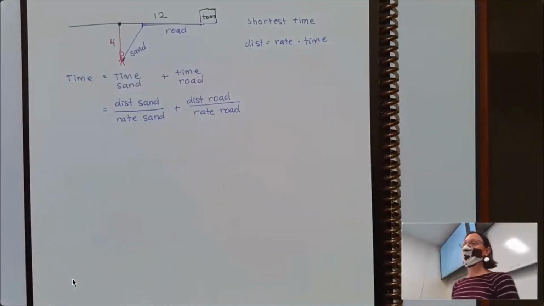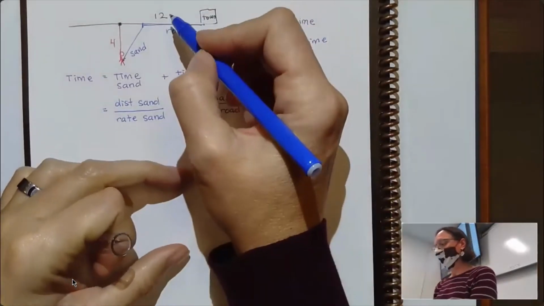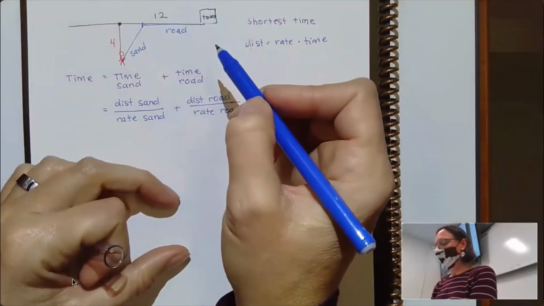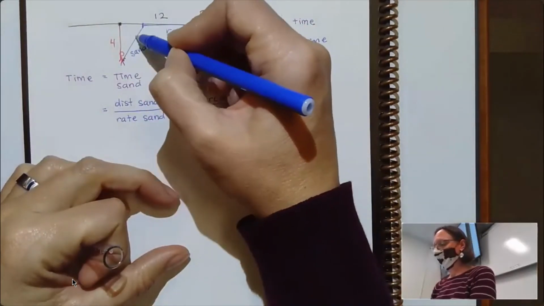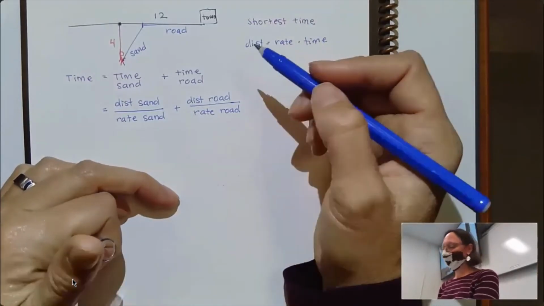Now it's time to get into our picture. It doesn't really matter how we work this, but let's call this part in the sand... I don't like to use S because my S's kind of look like 5s.